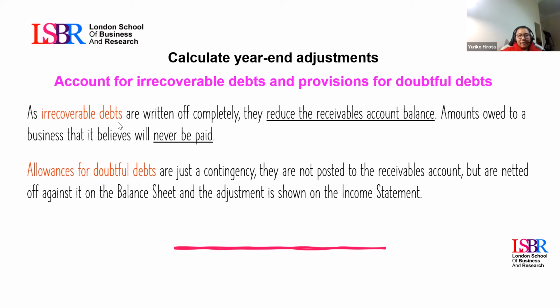Irrecoverable debts are like a provision that we need to make in our financial statements when we predict that maybe some of our customers are not going to pay us, because the company has that risk.